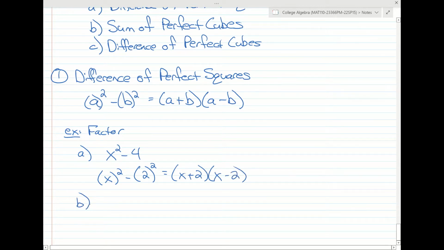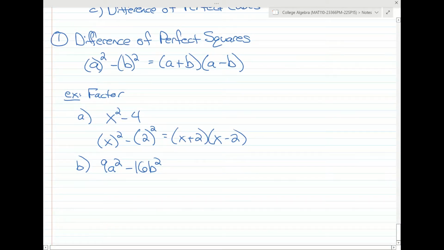What if you had 9a squared minus 16b squared? We talked a little bit about this in the last class.